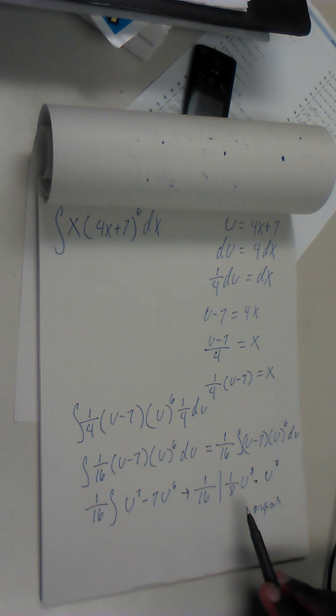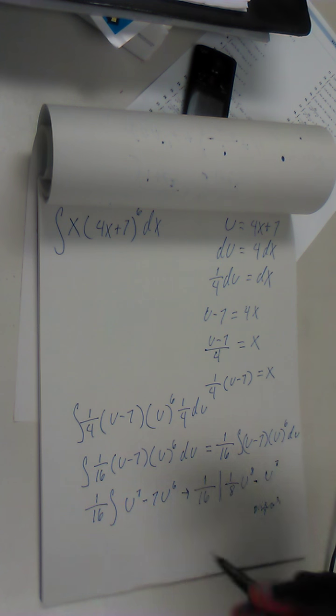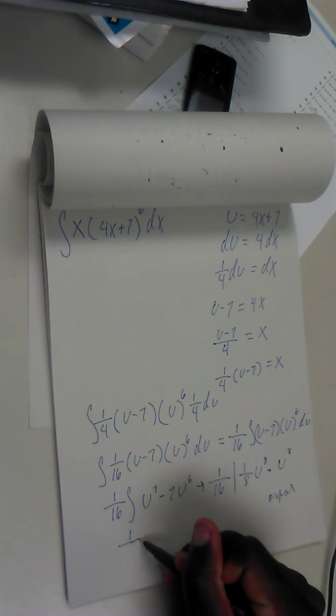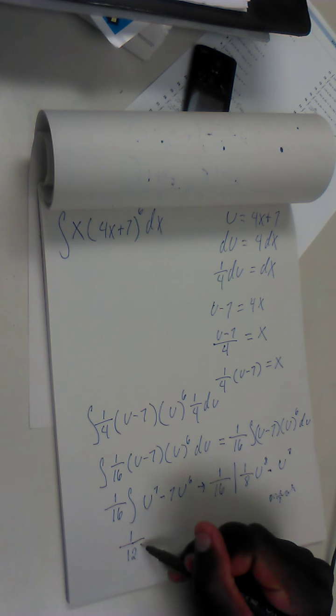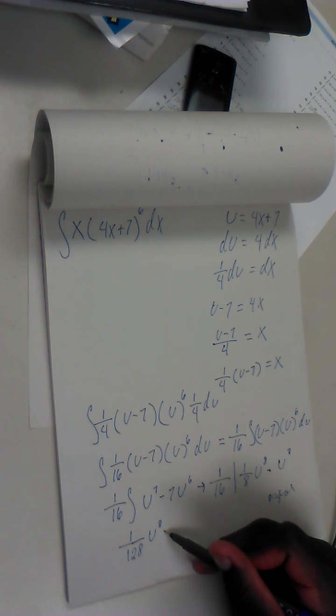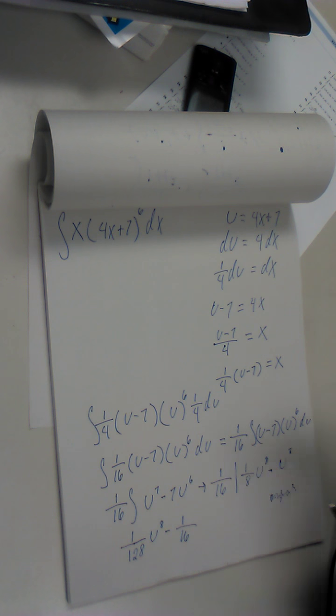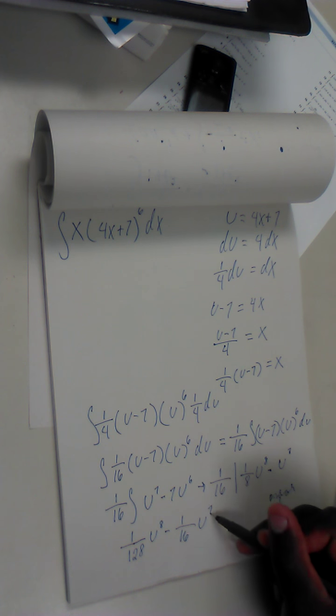So now we can go ahead and distribute this 1/16. We're looking at 1/16 times 1/8, which will get you 1 over 128, u to the 8, minus 1/16 u to the 7th.